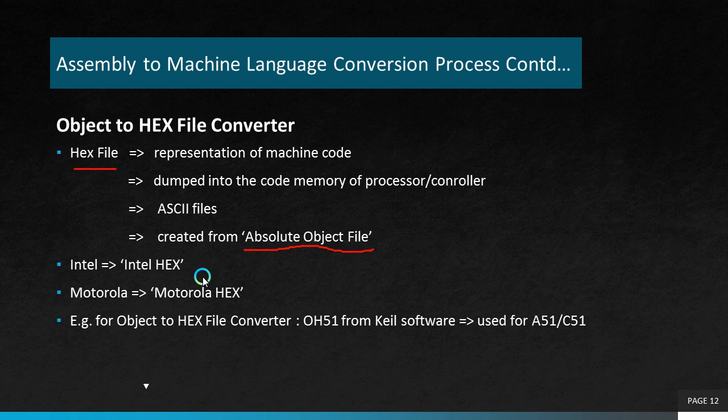The hex file representation varies depending on the target processor or controller. That is, for an Intel processor or controller, the target hex file format will be Intel hex, and for Motorola, the hex file should be Motorola hex format. An example is OH51, used for the A51 assembler or C51 compiler.